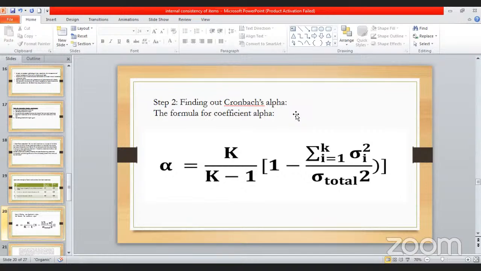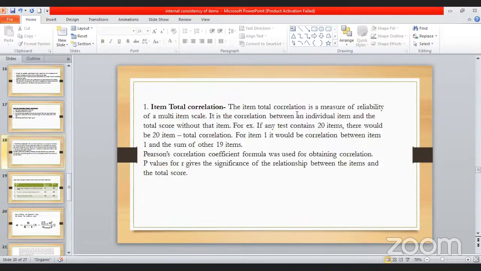Any problem? Ma'am, can you please explain from the first step? From the first step, yes, in the slide before this. Okay. So for checking the internal consistency of items, we have to do the item total correlation.